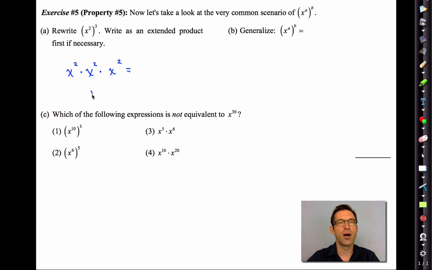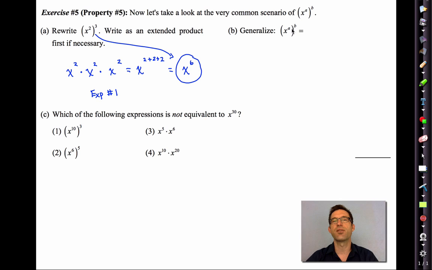Then we can apply exponent property number 1, which says that's going to be x to the 2 plus 2 plus 2, which is x to the 6th. So what's the generalization? x to the a, to the b, is x to the a times b. We've used that property a lot this year, a lot.